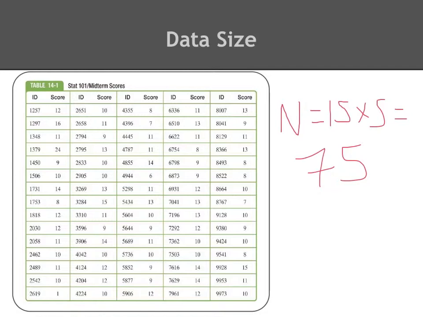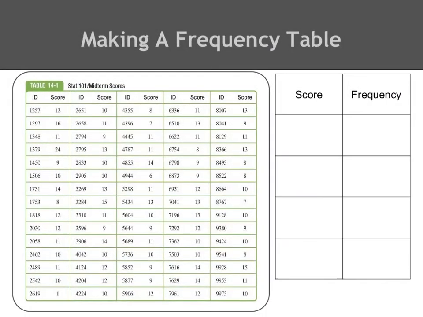This table doesn't tell us much information by just looking at it, but we can reconfigure it to make more sense. We can make a frequency table that will summarize the data by showing how many times each score appeared. Making a frequency table can be very tedious if we're working with very large sets of data.